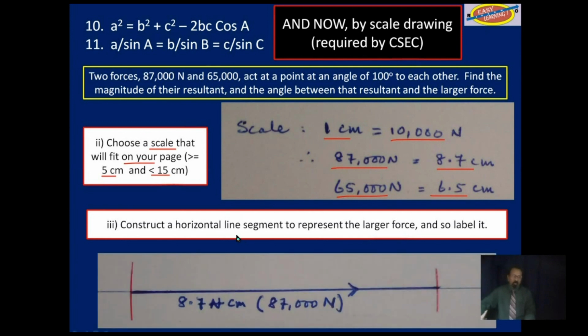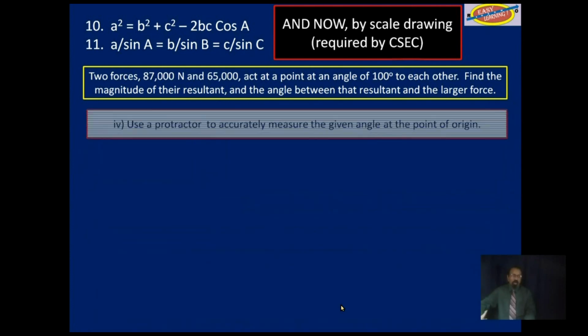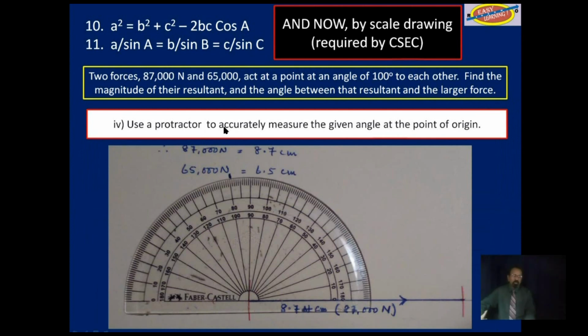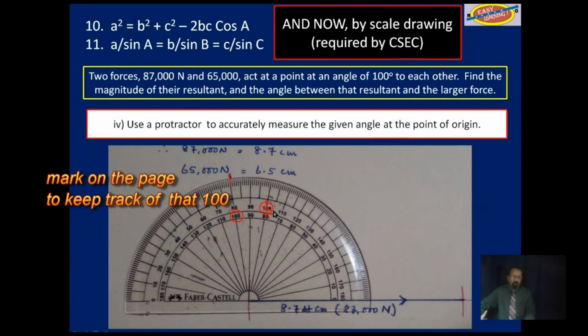We construct a line to represent the larger force, and we write it in 8.7 centimeters, which represents 87,000 newtons. After that, we take our protractor and we measure an angle of 100 degrees. Now, don't get confused with this 100 here. We are starting from this 0, so we count all the way around until we reach that 100.